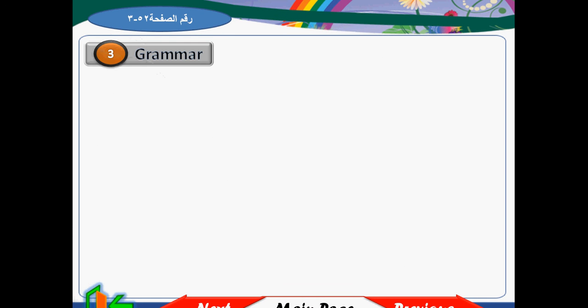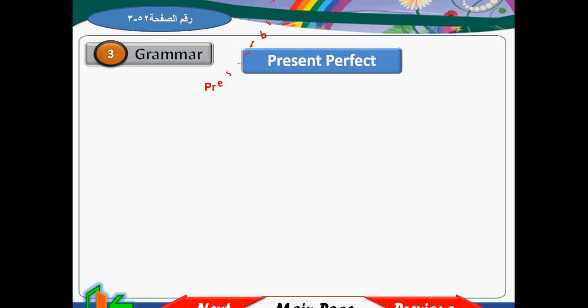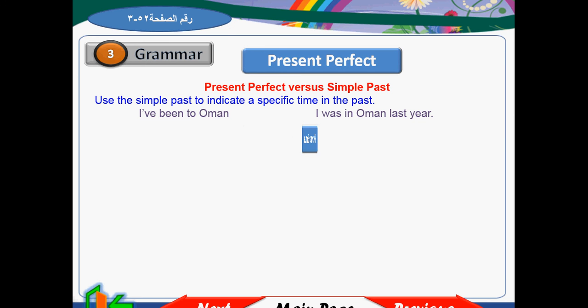Look at this part. Here we are going to differentiate between the present perfect and the simple past. As you learned before, the simple past refers to something that started and finished in the past. For example, if I said, I was in Oman last year, this action started and finished last year.